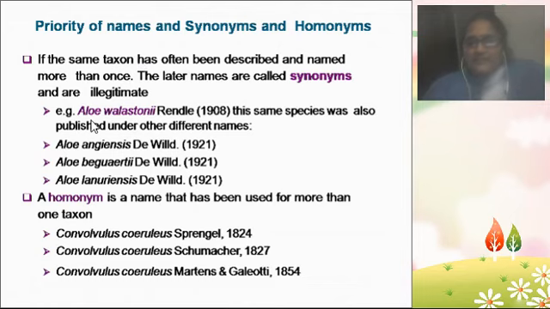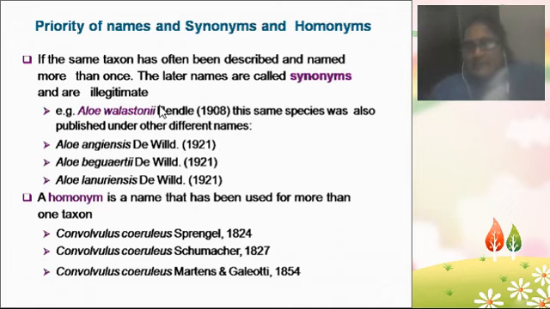Here there is one example given. The first one is in 1908. Aloe is the genus name and wollastonii is the species name. This species, Aloe wollastonii, was discovered by Rendle, a scientist, in 1908, and it was later published with other different names.